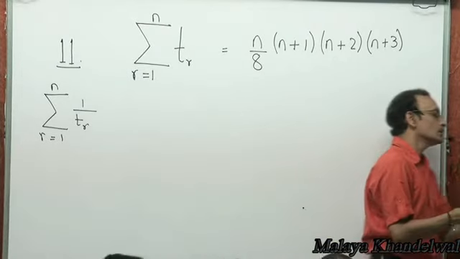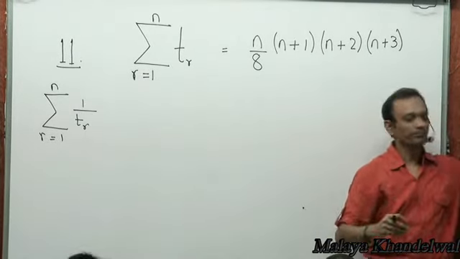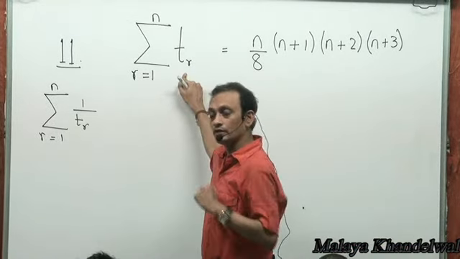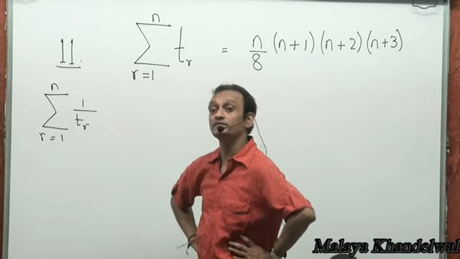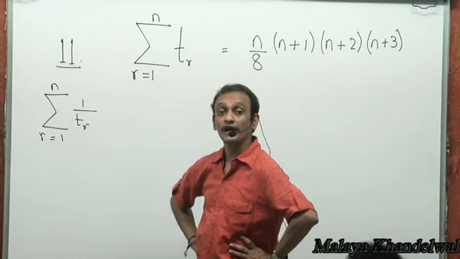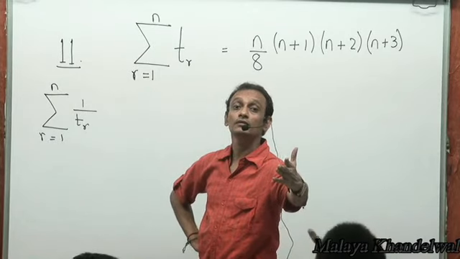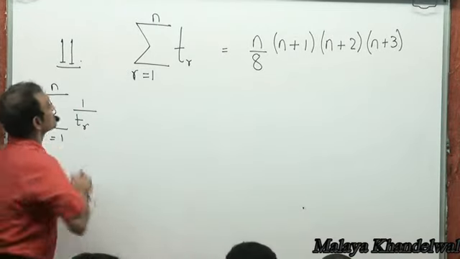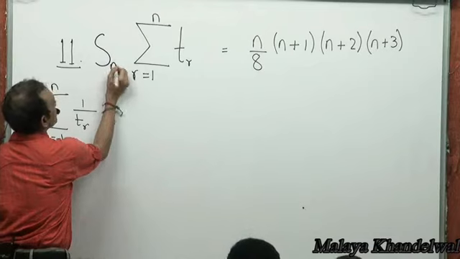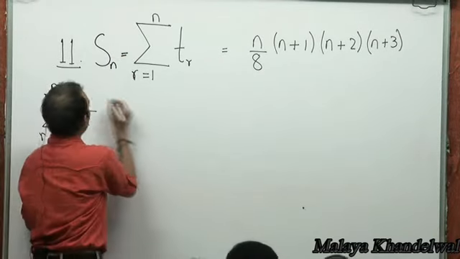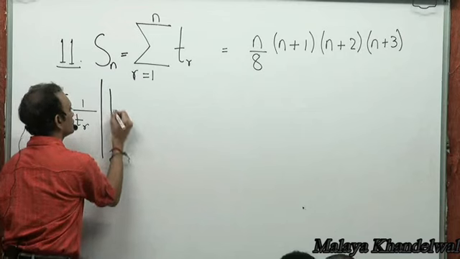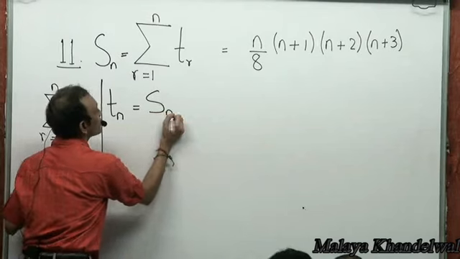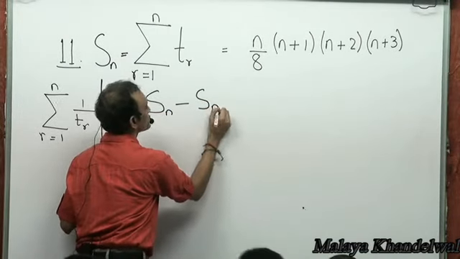Right? Now, first of all, given this sum of the tr terms, can I find the nth term? Can I? Yes. Summation till n terms and summation till n minus 1 terms. This is the sum up to n terms. Yes or no? The nth term is going to be sum up to n terms minus sum up to n minus 1 terms.